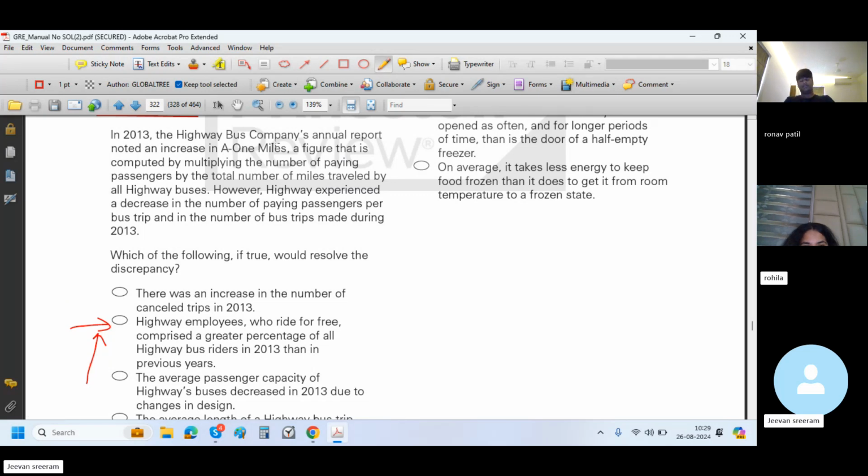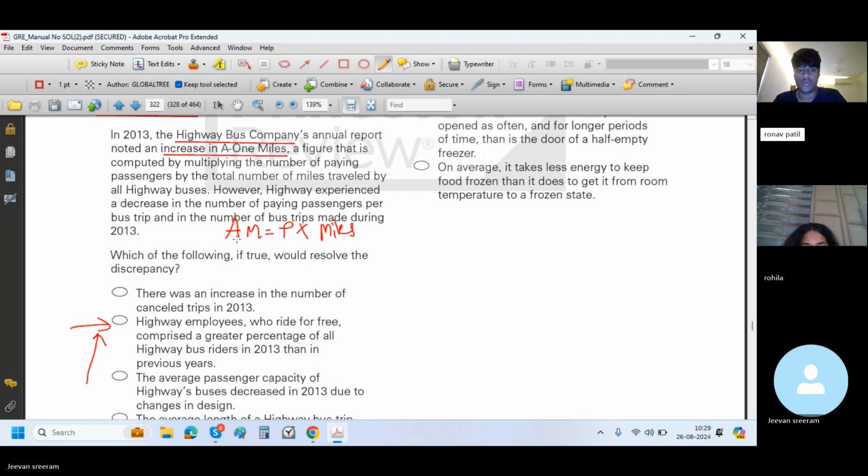In 2013, the Highway Bus Company annual report noted an increase in A1 miles. A1 miles is the number of paying passengers and the total number of miles. So whenever you see an increment in A1 miles, there might be an increment in the number of paying passengers, or an increment in miles.